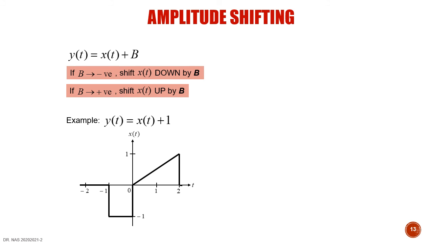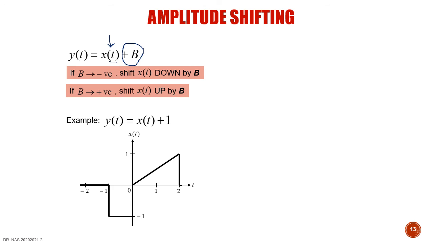Okay, let's look at what happens when you have amplitude shift. When you compare with the general equation, you can't see any additional variables inside the bracket. So only an additional plus outside the bracket, meaning that the signal will be shifted up by B in amplitude. Okay, there are no changes on t.